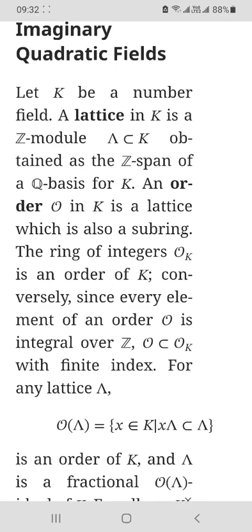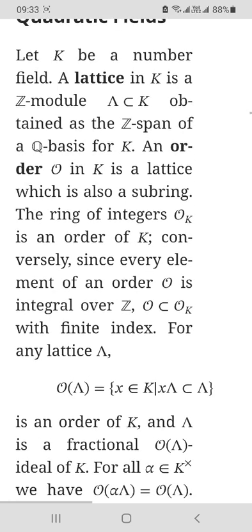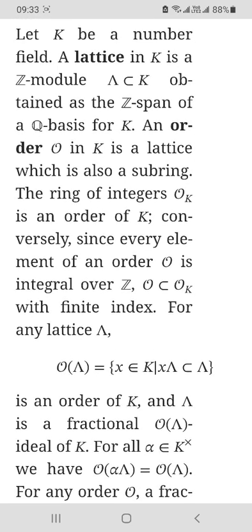We know that an order is a lattice which is also a subring. Lambda is a kind of Z module, because a lattice in K is a Z module, and because K is an imaginary quadratic field, lambda is a Z module of rank 2. So there are two bases.